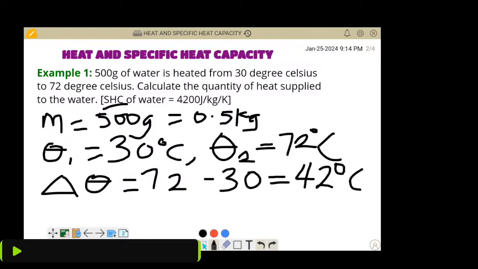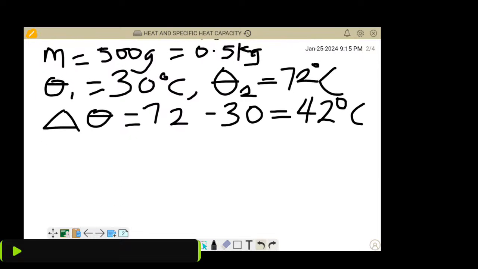Specific heat capacity of water is given as 4200 joule per kilogram per Kelvin. It's a constant. Specific heat capacity of water, 4200 joule per kilogram per Kelvin. We are asked to calculate the quantity of heat, represented with Q, supplied to the water to raise the temperature from 30 degrees Celsius to 72 degrees Celsius.